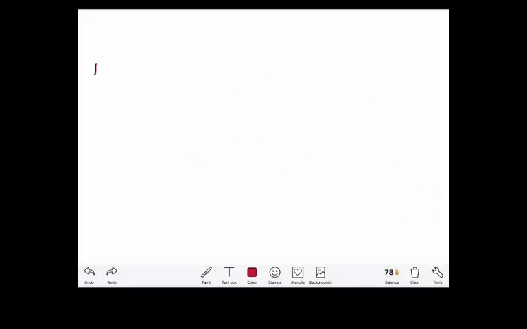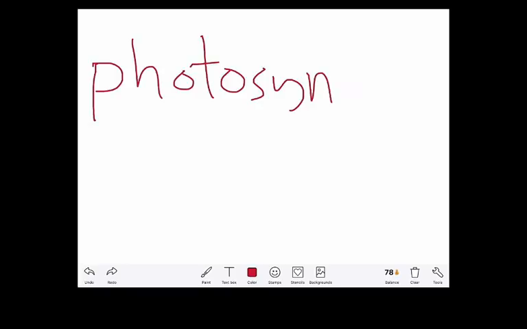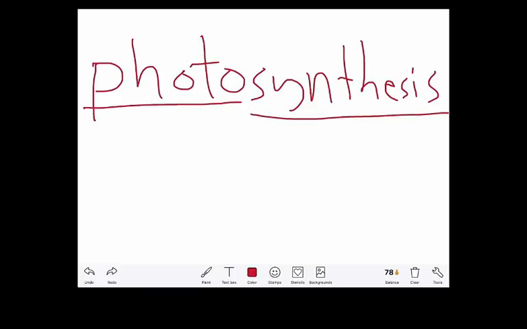The next video, we will be talking about the details of photosynthesis. Photosynthesis is a compound word. It consists of the word photo and synthesis.